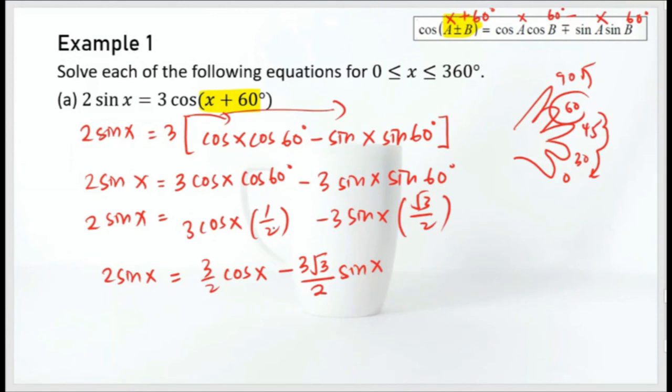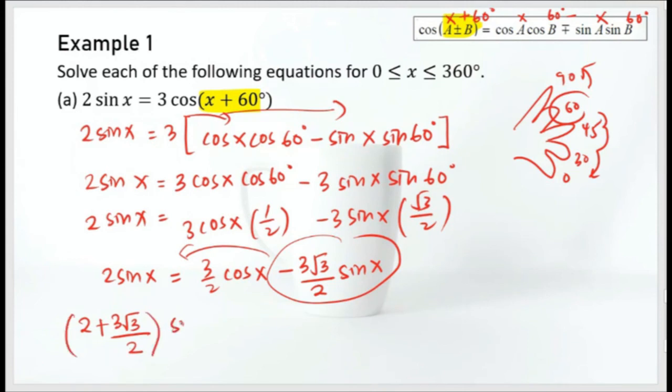Then you see sine and sine are the same, right? So move this one to the front so that the sine terms can be together. So we get 2 plus 3 square root 3 over 2, sine x equal to 3 over 2 cos x.